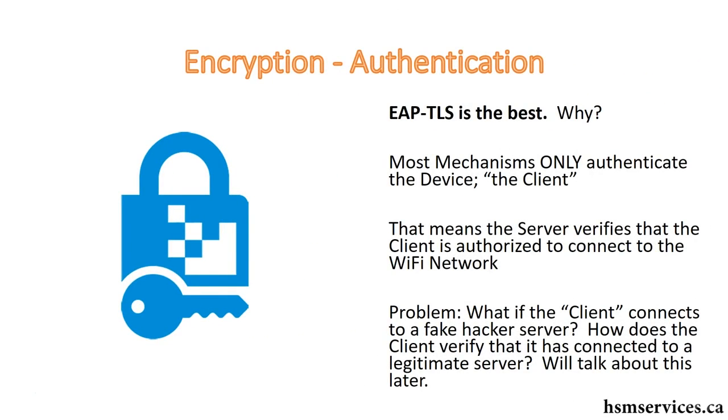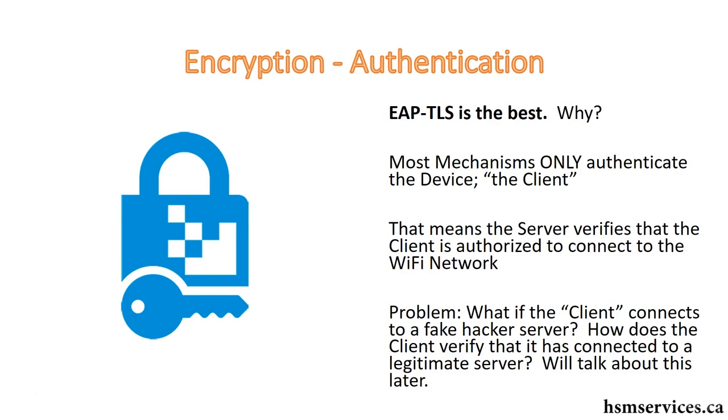What if I was a hacker and I set up my own Wi-Fi network in your office and gave it the same name, and it looks like a legitimate network, and your phone connects to it. Now your phone doesn't know the difference, and there's no way for the network to prove that it's legitimate. But on EAP-TLS, the server has to prove to the device that it's a legitimate network.